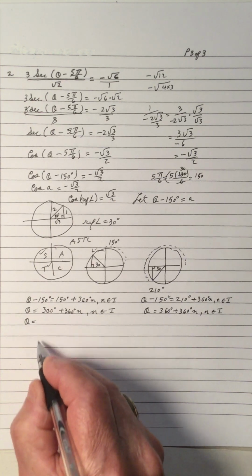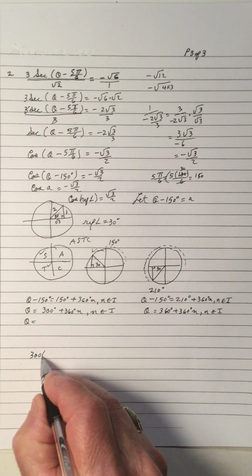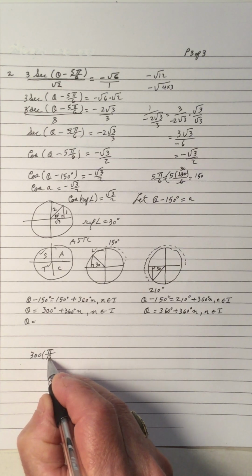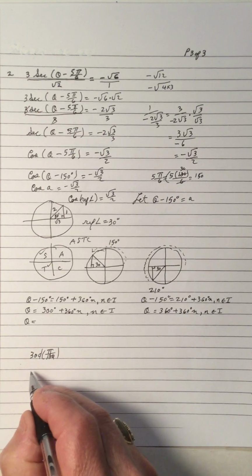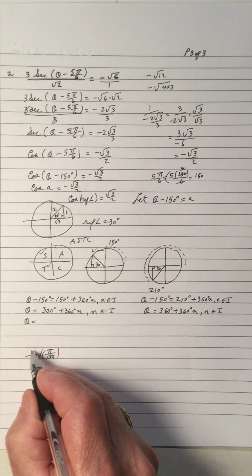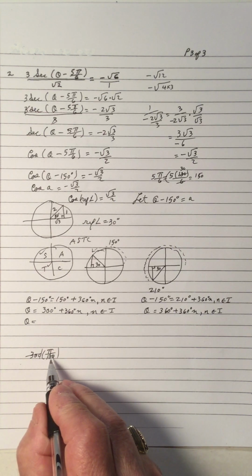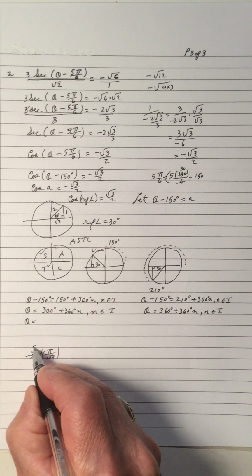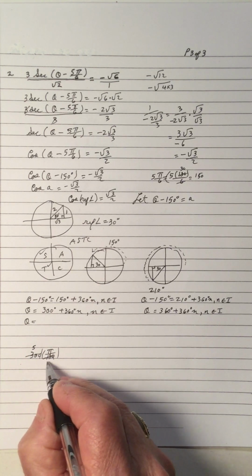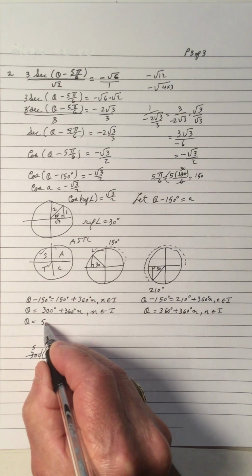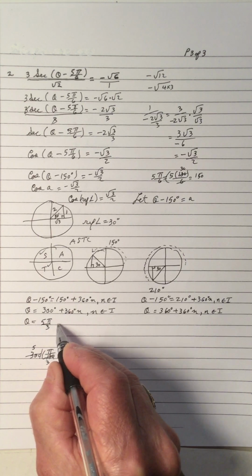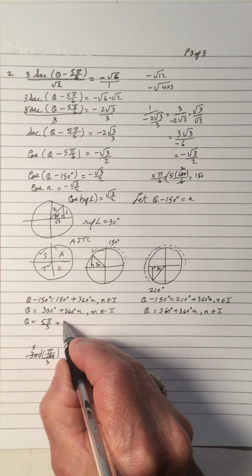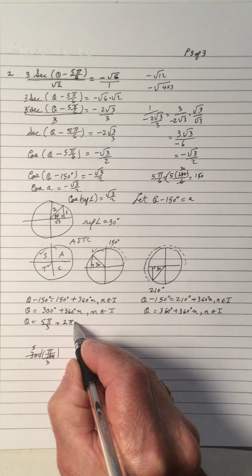So let's change 150 and 210. We multiply by pi over 180. Zeros cancel. I could divide by 3, but let's divide by 6. 6 into 30 goes 5, 6 into 18 goes 3, so I got 5 pi over 6. And 360 degrees is 2 pi, so it's 2 pi n.